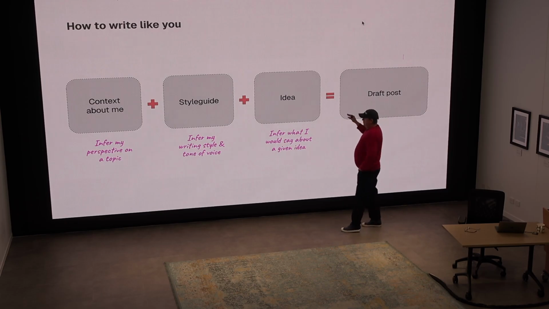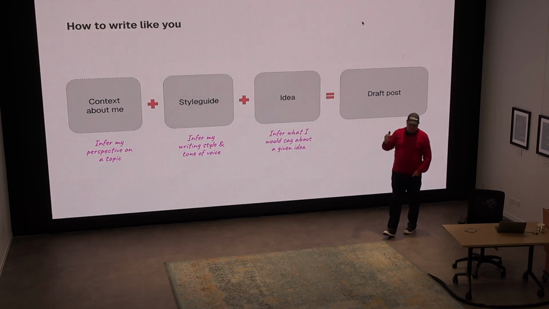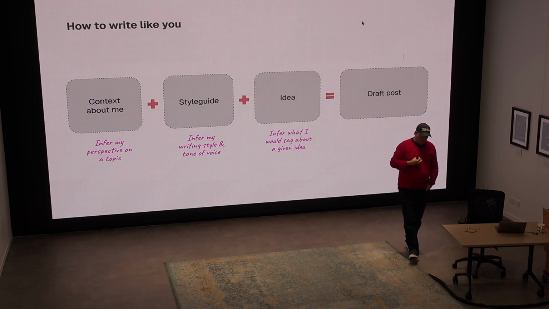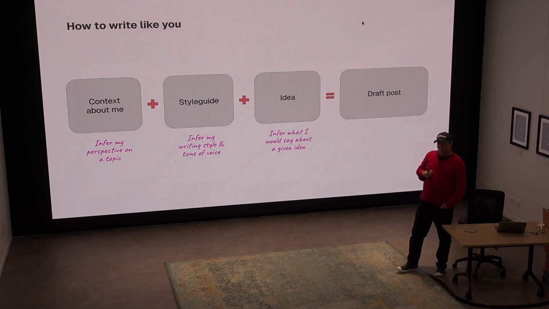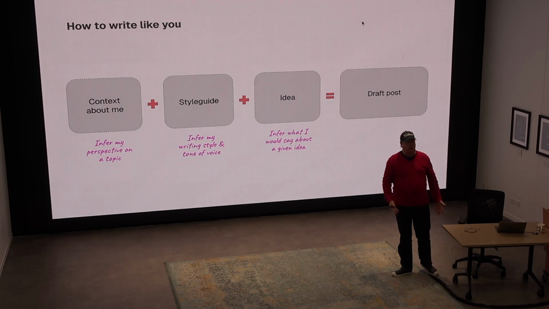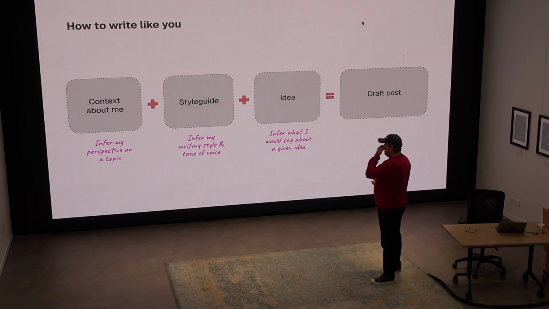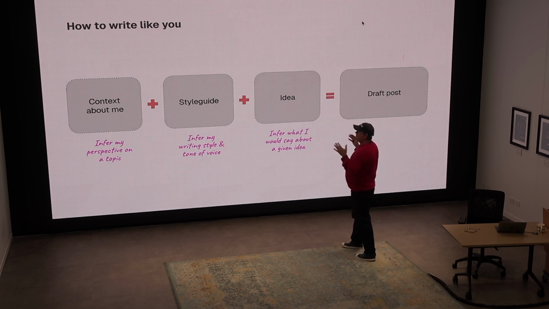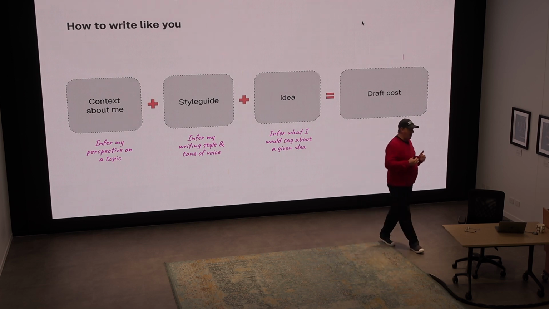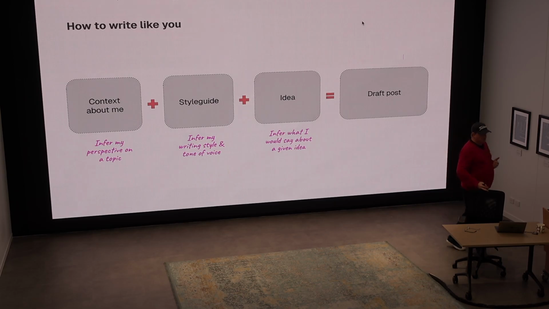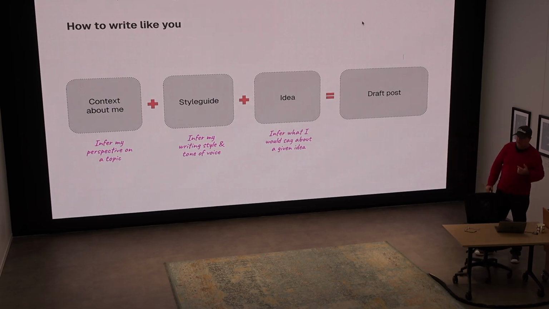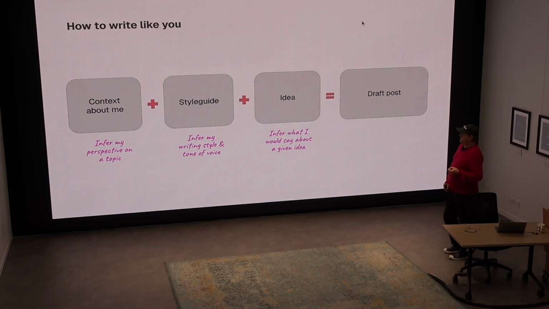To set expectations, a big problem with writing is the blank page problem. The blank page is such a tough place to start. If this could get you 50% of the way, that means it's reduced by half the amount of effort that goes into creating a post, which in theory means you should be able to do twice as much of it.